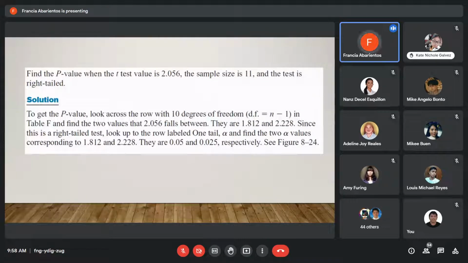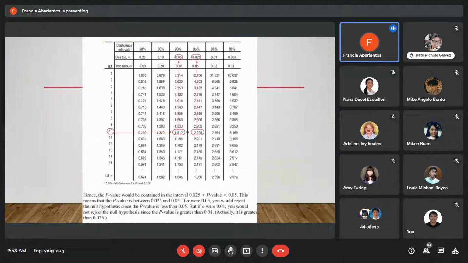So, class naman, pag pinaghalo na yung p-value and when using the t-test, so this is now an example of that. Ayan. Okay? So, given lahat sa atin, the 2.056, the sample size is 11, and the test is a right-tail test. So, this is now yung test natin.